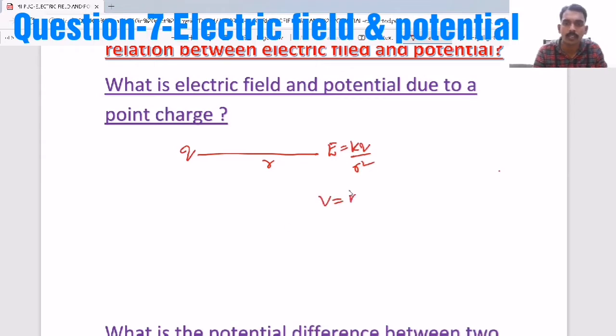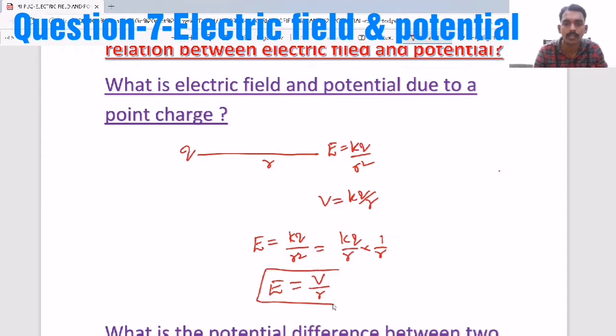At the same time, electric potential is kq by r. So electric field equals kq by r square, equals kq by r into 1 by r, that is V by r.